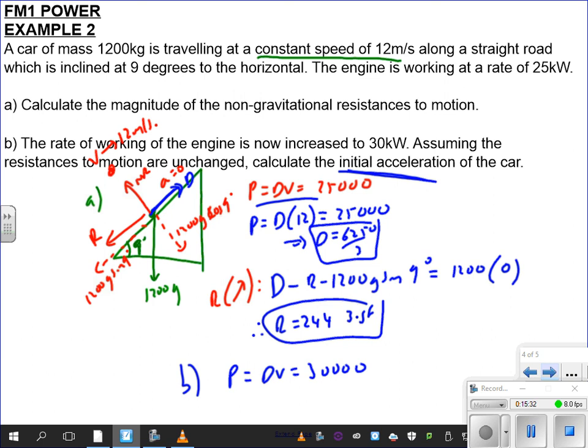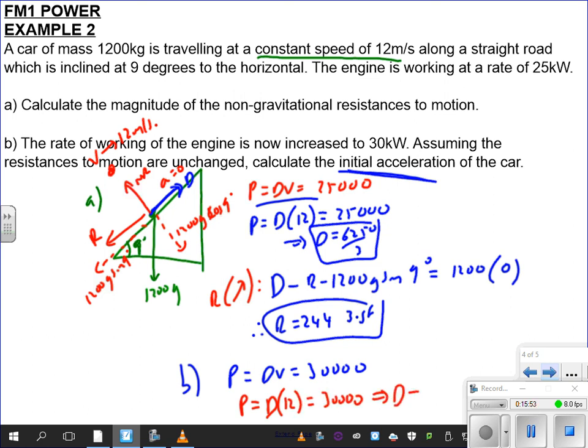Okay? So that means, since P equals DV, we need a new D, don't we? We need to know our new driving force. Because we know that at the time, the instant you put your foot down, the velocity was 12.